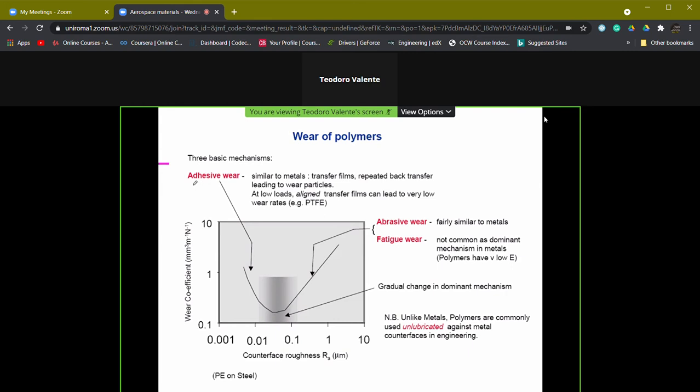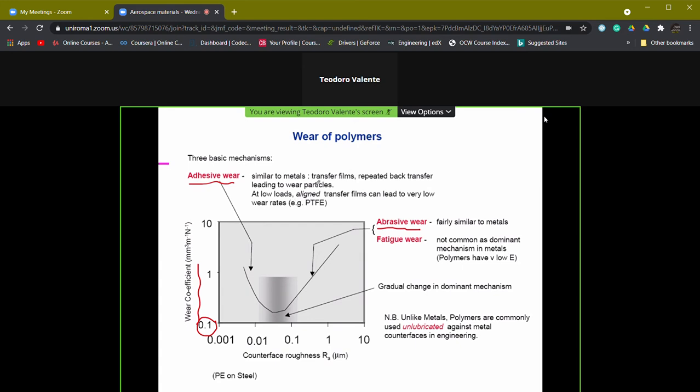Polymers can also be subjected to this kind of damaging phenomena. We can experience adhesive wear in polymers, as well as abrasive wear. The transition from one phenomenon to the other, which is also reflected in the wear coefficients, is usually dependent on the roughness of the surfaces. The adhesive wear, which is present with very low surface roughness, can also result in a very reduced value of wear coefficient, and thus friction coefficient.